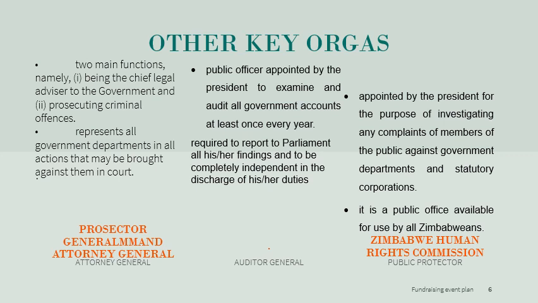And then lastly, the Zimbabwe Human Rights Commission, which was once the Public Protector's Office. This one is a public office that helps the legal persons of Zimbabwe. The purpose is to investigate any complaints by members of the public against any government departments or statutory corporations.